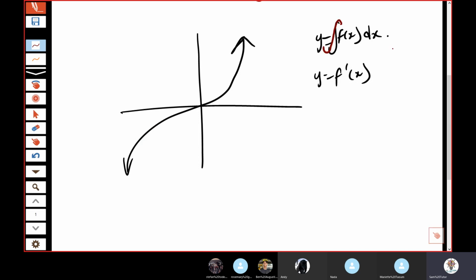integral, we're going down for integration. Intercepts become stationary. Stationary points become points of inflection. So this stationary point becomes a point of inflection, but it's not stationary, it's a point of inflection.